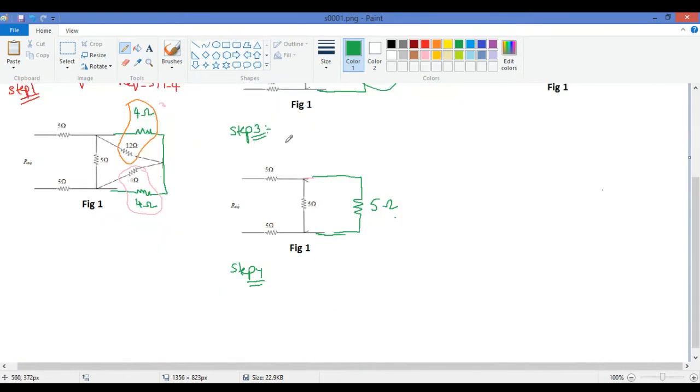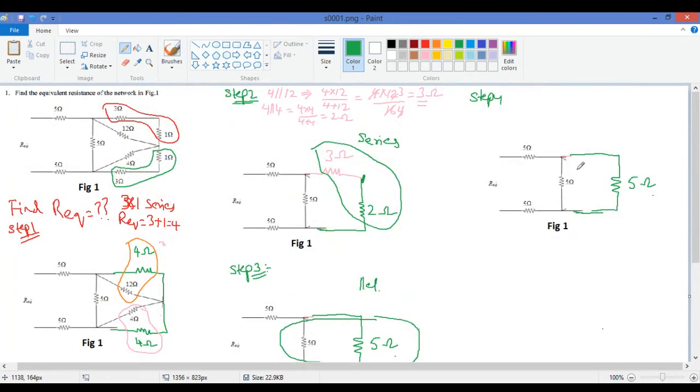Now see here, these are parallel. They are parallel, correct? So if they are parallel, how we will solve in step 4? 5 into 5 by 5 plus 5 is 25 by 10, which is 2.5 ohms.